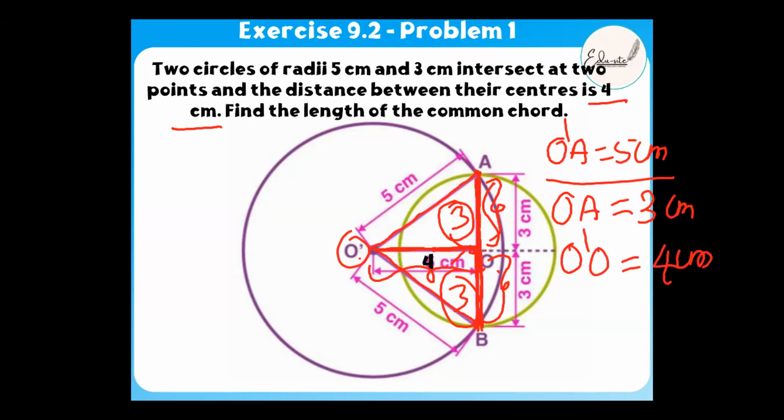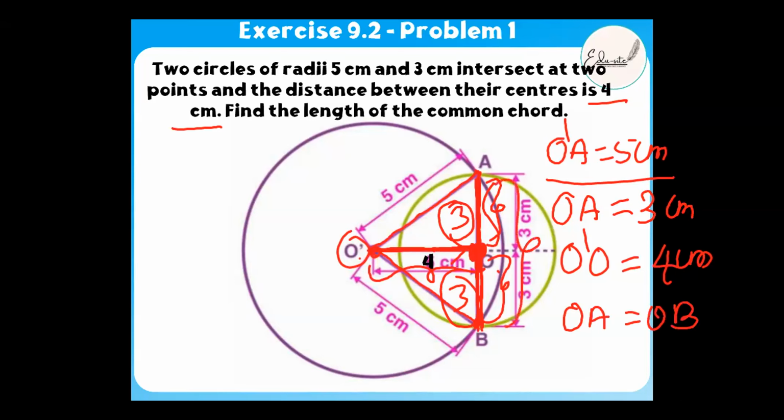So as the radius of the bigger circle is more, and given the distance between the two centers, the center of the small circle is actually inside the bigger circle, correct? So if we draw a perpendicular bisector from OA, then this is a perpendicular bisector actually. Then OA is equal to OB. If OA is equal to OB, then they both are equal, right?